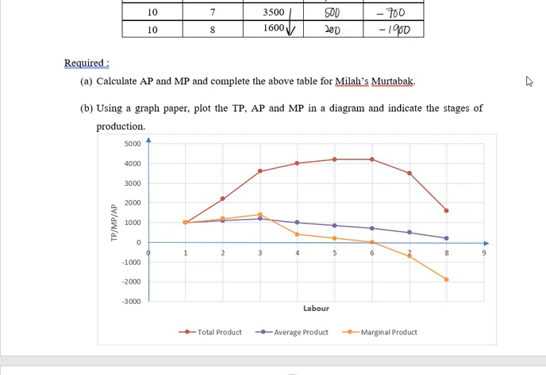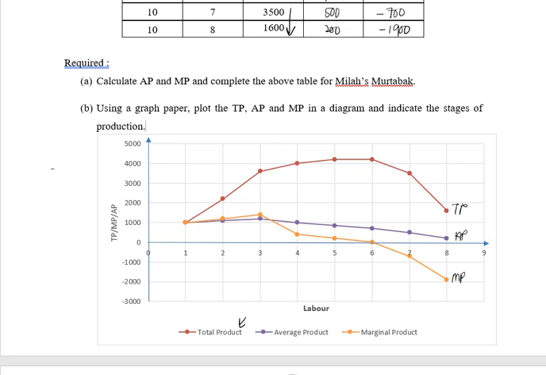The red curve here is the total product, which is labelled here. The purple one here is the average product. And the orange one here is the marginal product. So this is what you get after you have plotted the data from your table.